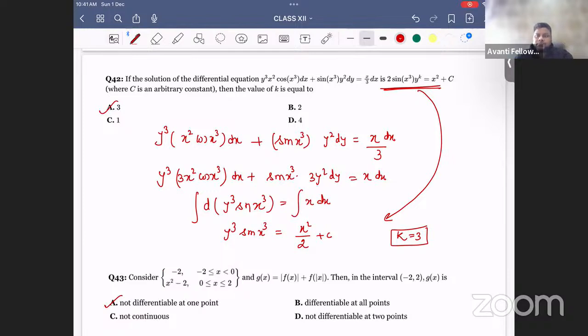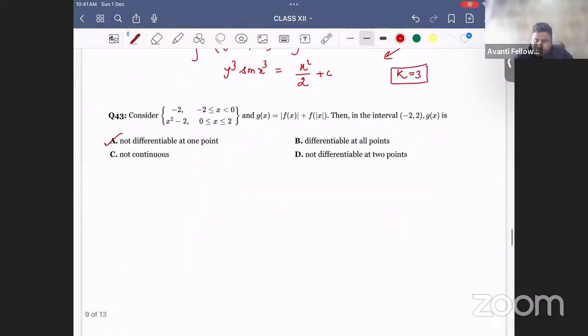Now, next. f(x) is this, g(x) is f of mod x plus mod f(x). First of all, if I draw the graph of f(x), it is going to be between 0 to 2.